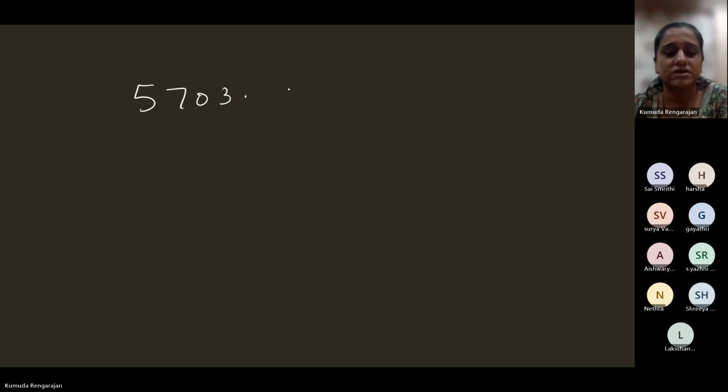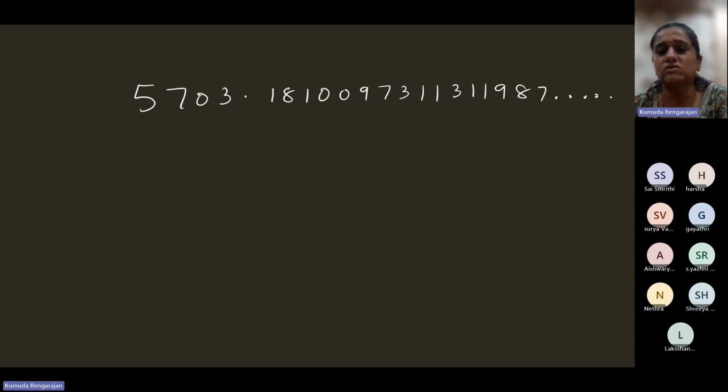Now, how do we recognize non-terminating, non-repeating decimals? The decimal part goes on endlessly like this.